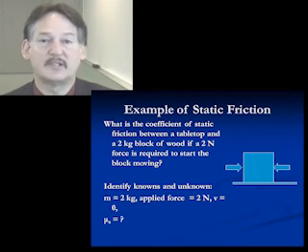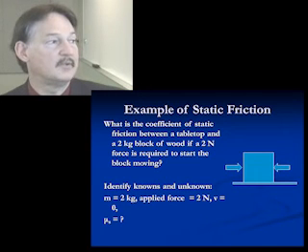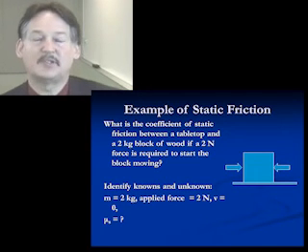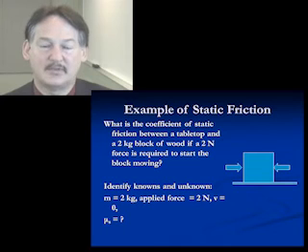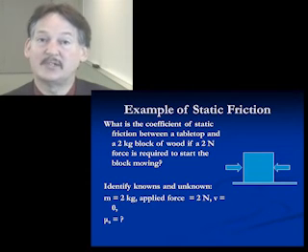So the normal force is the weight of the object, which is mass times gravity, 2 kilograms times 9.8 meters per second squared. That gives you 19.6 newtons of weight, which means the normal force is exactly 19.6 newtons upward.